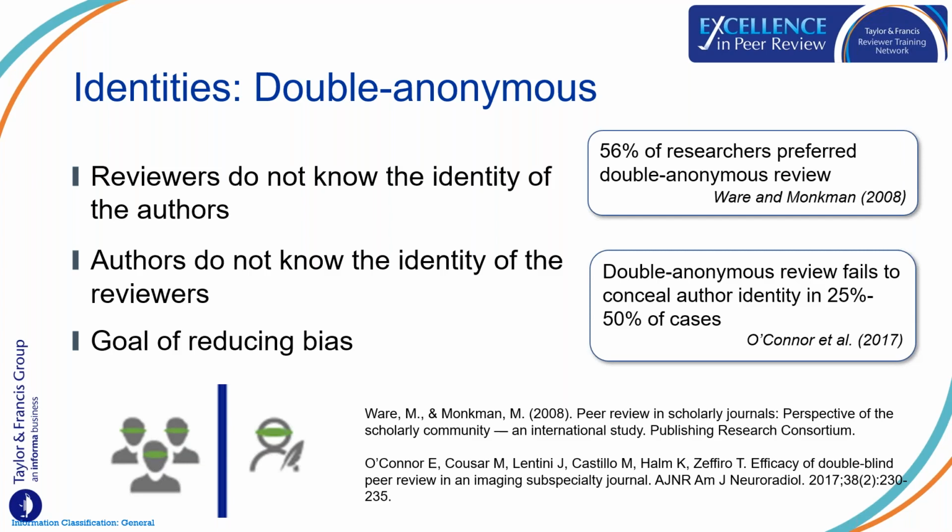But there have been some studies which do indicate that trying to anonymise a paper, an article for review, is a bit harder than might be assumed. This study by O'Connor et al. in 2017 identified that a double anonymous review could fail to conceal author identity in a good number of cases.